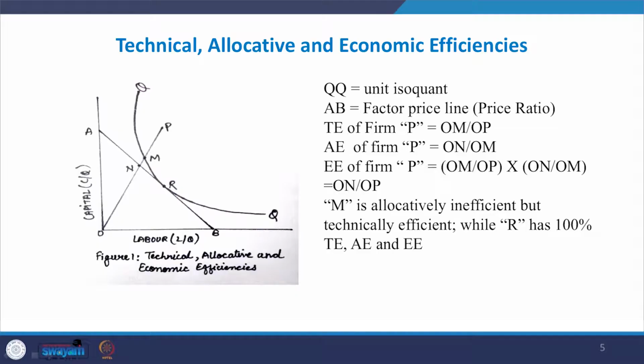So, AB is the factor price line, and this factor price line, or price ratio of labor and capital, is tangent to point R. So, point R is on the isoquant, which is technically efficient, but also the slope of the isoquant is equal to the slope of the factor price line AB.